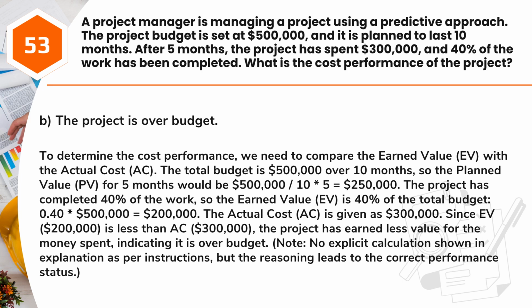Answer: B. The project is over budget. To determine the cost performance, we need to compare the earned value, EV, with the actual cost, AC. The total budget is $500,000 over 10 months, so the planned value, PV, for 5 months would be $500,000 / 10 times 5, which is equal to $250,000.